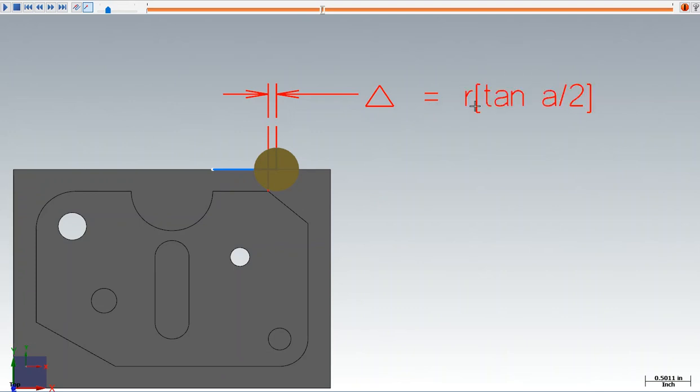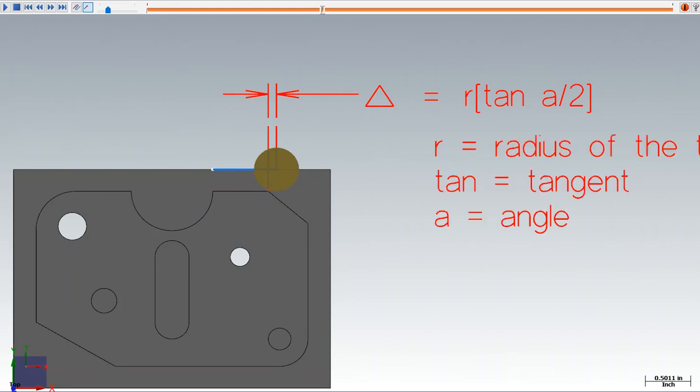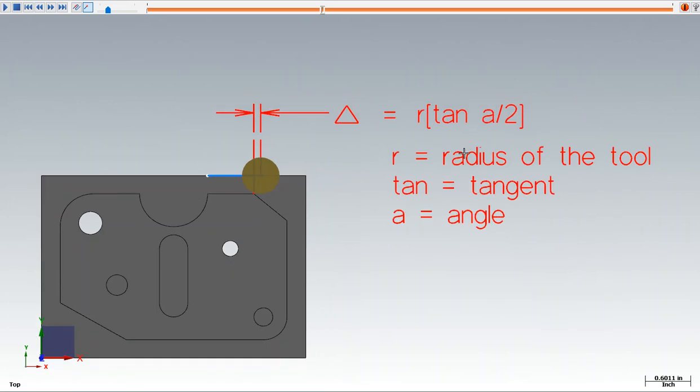So here's our formula from the intro page. R, which stands for radius of the tool. Tan equals tangent. Tangent, of course, is a trig function.